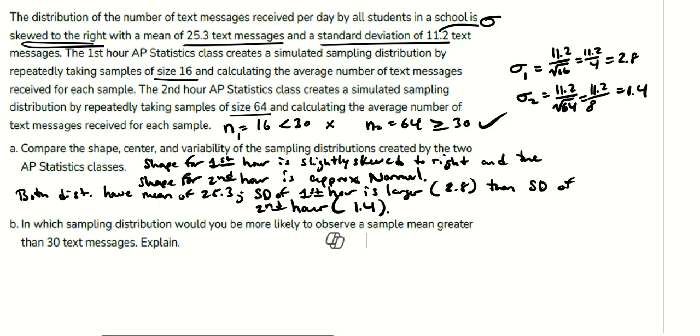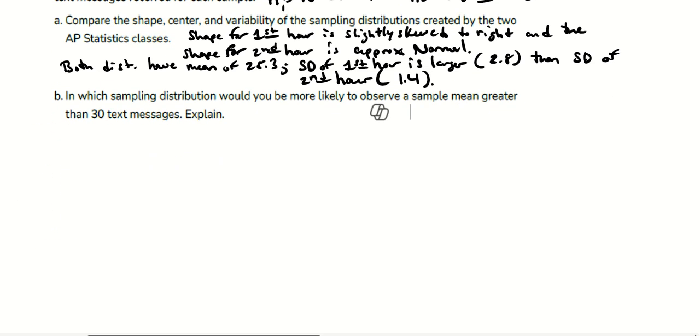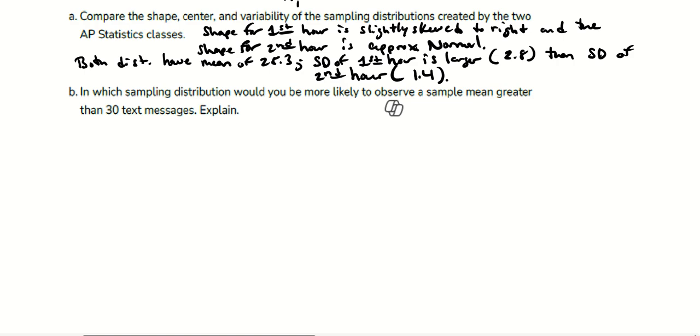And then it says, in which sampling distribution would you be more likely to observe a sample mean greater than 30 text messages? Okay, so I'm going to say decreased variability. If you have a decrease in variability, that's going to make a less probability that something happens. I think I said the reverse. The decreased variability increases the probability that something's going to happen, or that you get a particular value.